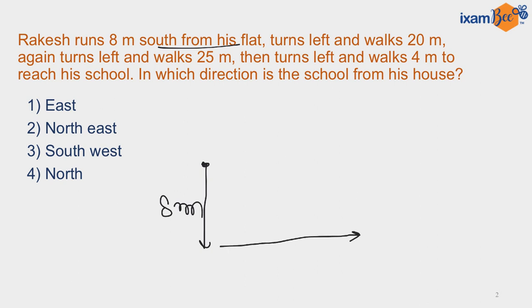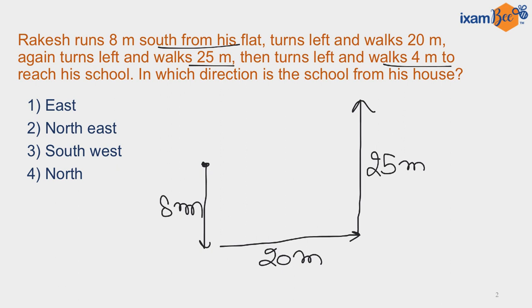Again he turns left and walks 25 meter, anti-clockwise. Then he turns left and walks 4 meter in this direction to reach his school.